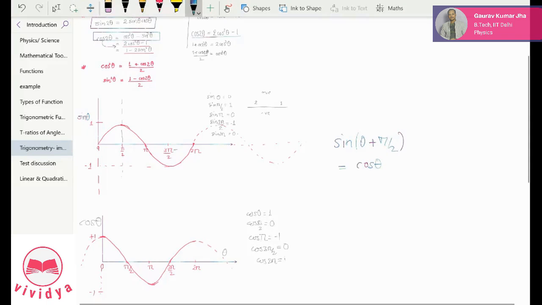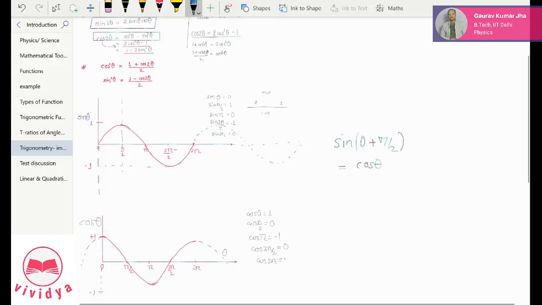Do you understand what I'm trying to say? You see from the graph, it is clear that cos theta is a little ahead of sine theta by pi by 2, right? That's it. This is called phase. So if you want to express this and tell somebody, you say that cos is a little ahead of sine by a phase of pi by 2.